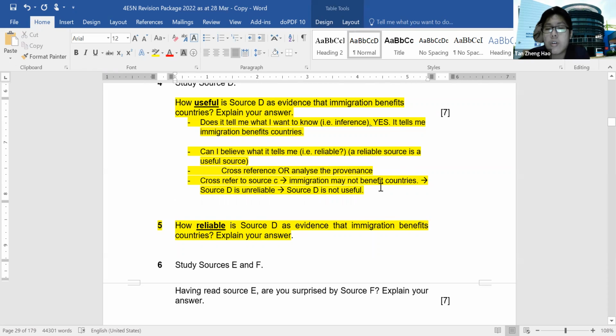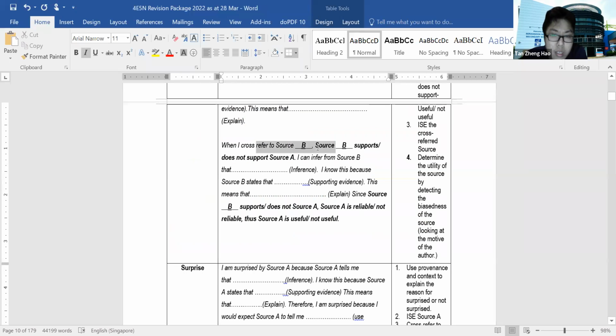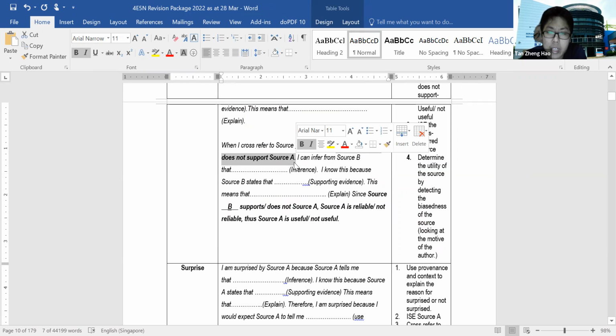Okay, so how does a cross-reference paragraph look like? Let me show you very quickly now. Okay, wrong slide. Okay, so when I cross-refer to another source, source B, source C, whatever, source B supports or does not support source A. So I'm going to clearly say whether it supports. Okay, I can infer.